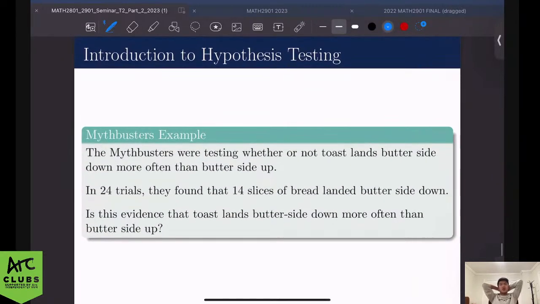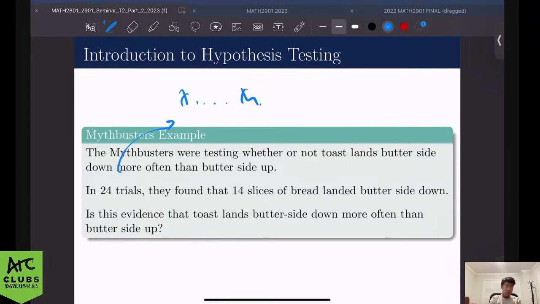It's best done with an example. We're trying to figure out whether toast lands bottom side down more than bottom side up. You try out 24 trials, so you've got x1 down to xn, and you found that 14 of the times it lands bottom side down, 10 times it lands bottom side up.